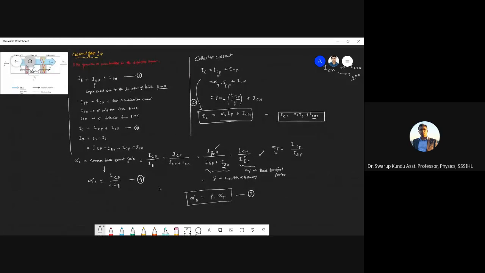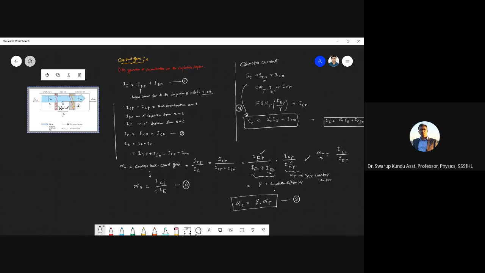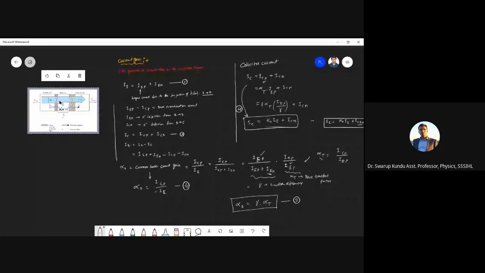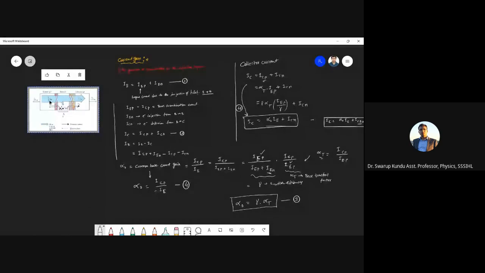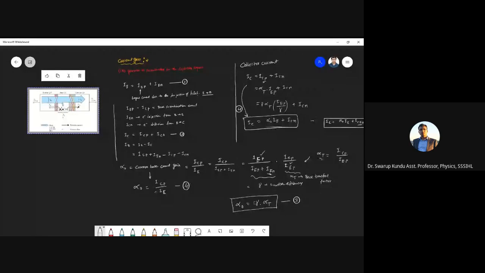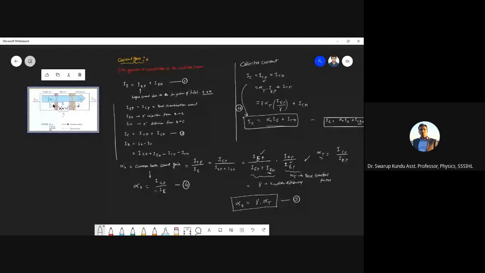And then we define another parameter called emitter efficiency. The total emitter current is in the denominator, right? And in the numerator we have the current because of the holes. So we want this IEP maximum. I mean, IEP should be equal to IE. We want very little of this electron contribution from the base.